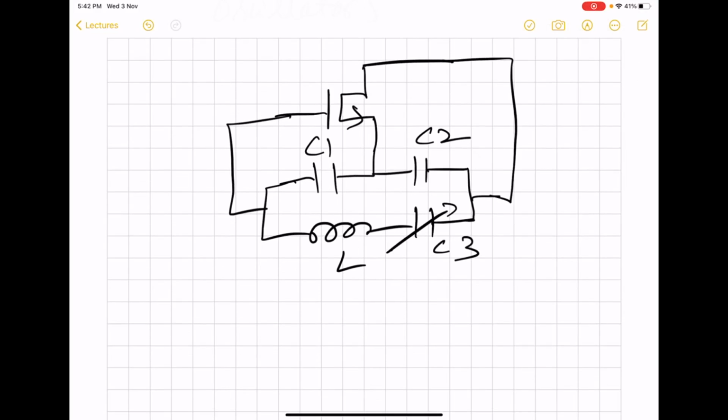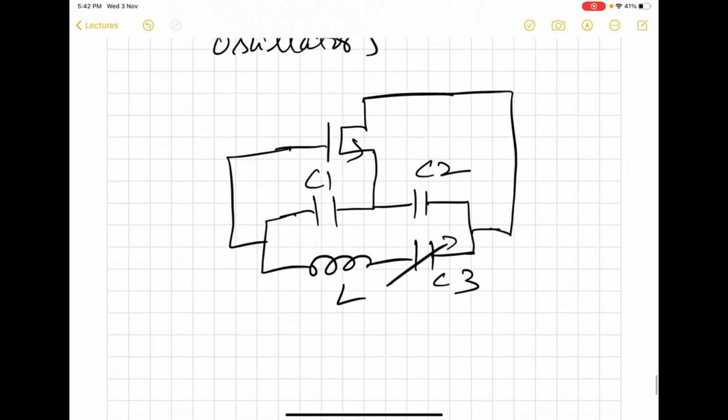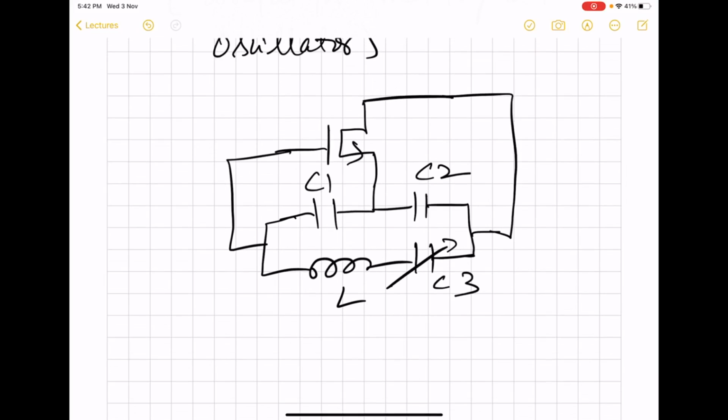Now for this case, we will try to find out what is the oscillation frequency and what is the intrinsic gain of the MOS required. If we use the negative resistance model, then we can use the intermediate result of the previous analysis where we had a resistor here in place of C3.